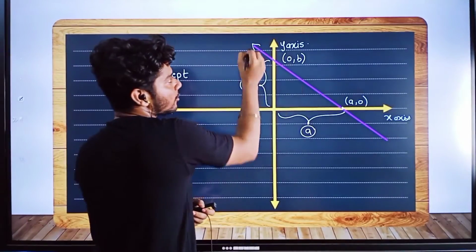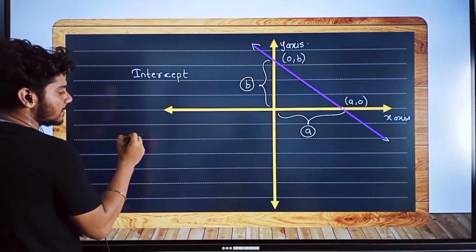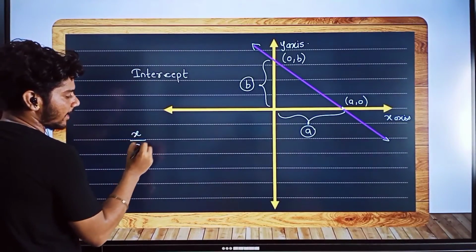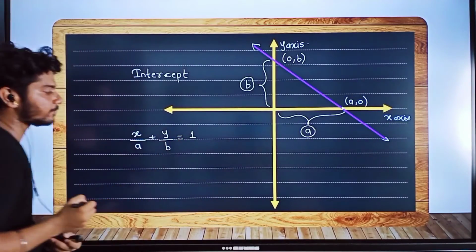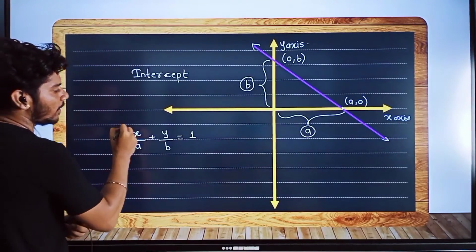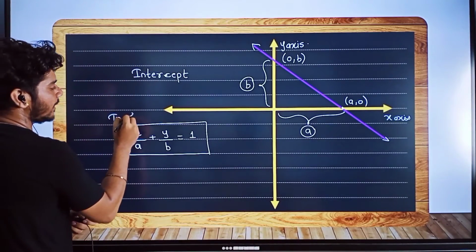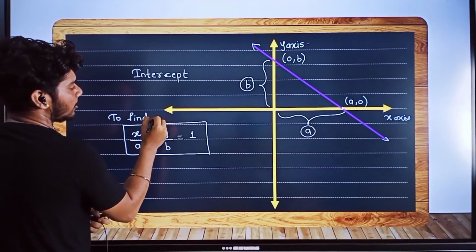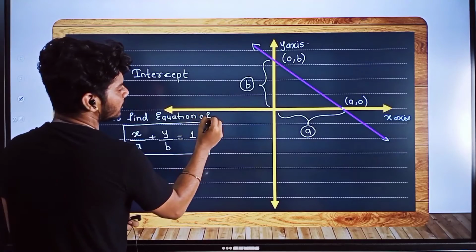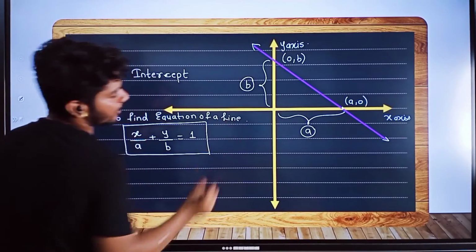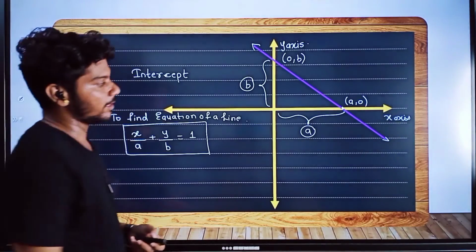To find the equation of this line, the formula is x by a plus y by b is equal to 1. This is a very basic formula to find the equation of a line. Everyone make a note of it so that we can use it in the further lecture.